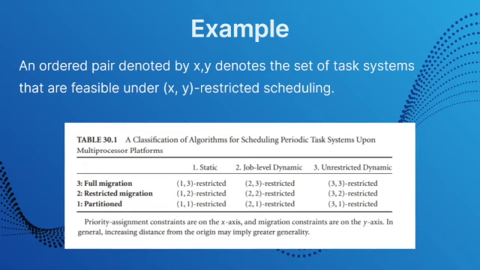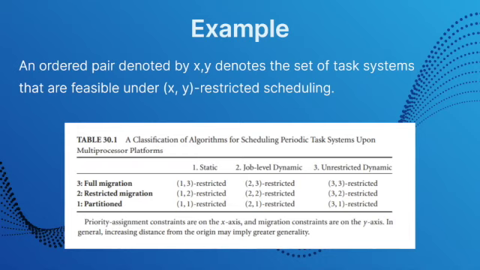An ordered pair denoted by X and Y denotes a set of tasks that are feasible under X and Y restricted scheduling. As we said before, X is going to be priority assigned constraint, and Y is going to be the migration constraints. Of these 9 classes, say 1 and 1, 2 and 1, and 3 and 3, they're going to be restricted algorithms that have received most attention.